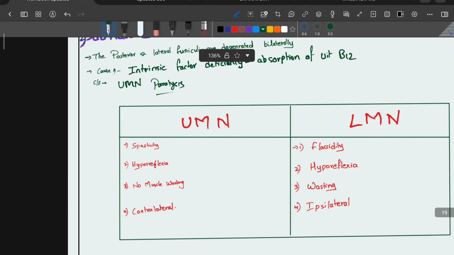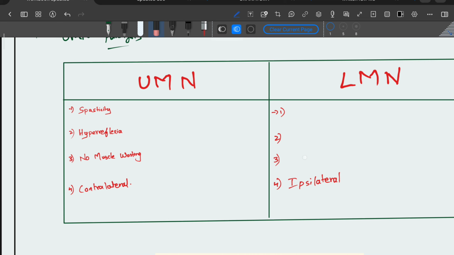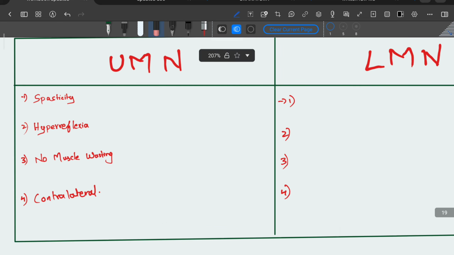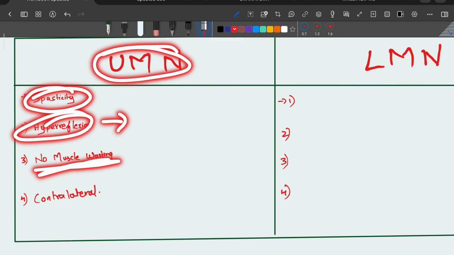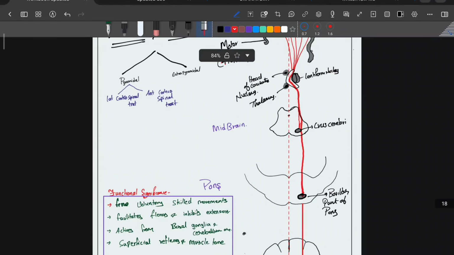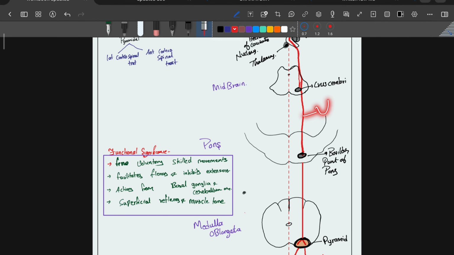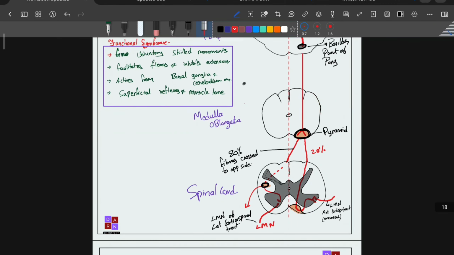So here we are going to discuss upper motor neuron and lower motor neuron features. If anything happens in the upper motor neuron, you will see spasticity, hyperreflexia, no muscle wasting, and contralateral involvement. As I discussed earlier, this is your upper motor neuron, from cortex to the spinal cord.